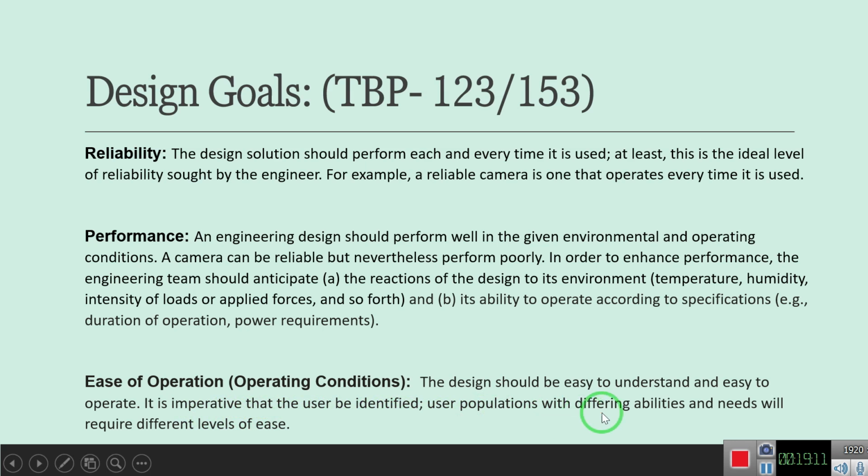User populations with different abilities and needs will require different levels of ease. So the operation should be very easy to understand and easy to use. Otherwise, no use. Based upon the users who can use this, elderly people or children, you have to separate the design.